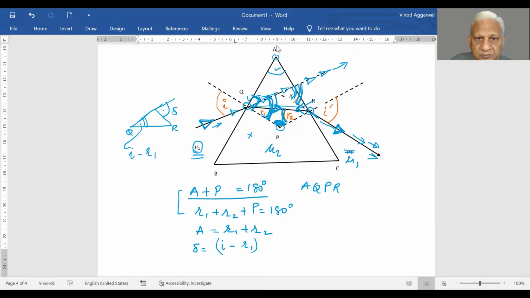Similarly, the second angle, this angle will be what? We call it I dash. This whole angle is I dash, out of which we take out R2 and we get this angle. So this is I dash minus R2. So delta is equal to I plus I dash minus R1 plus R2, right?